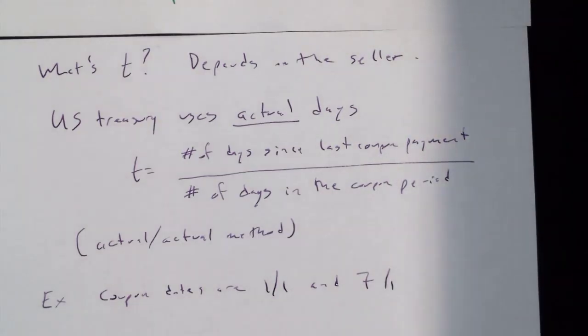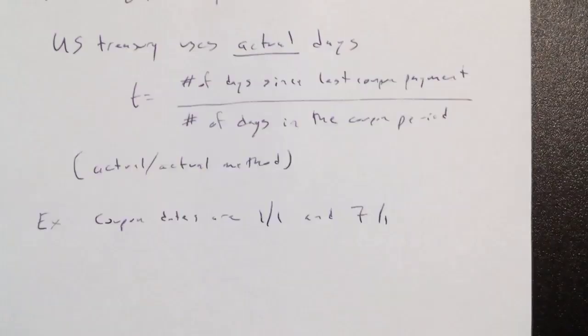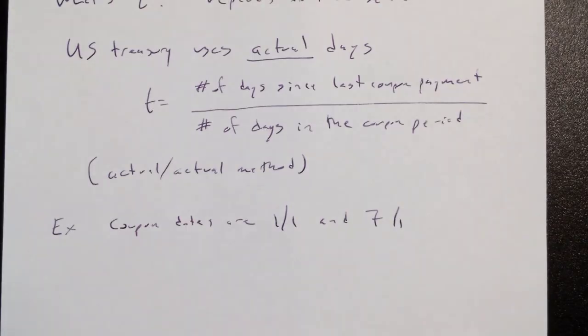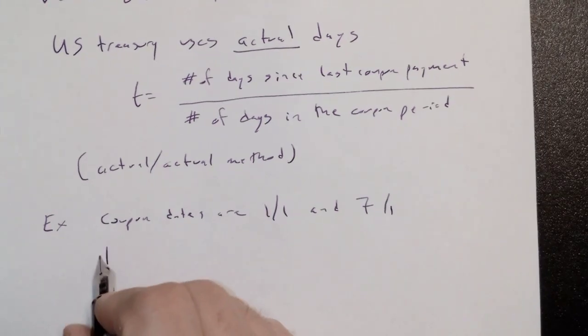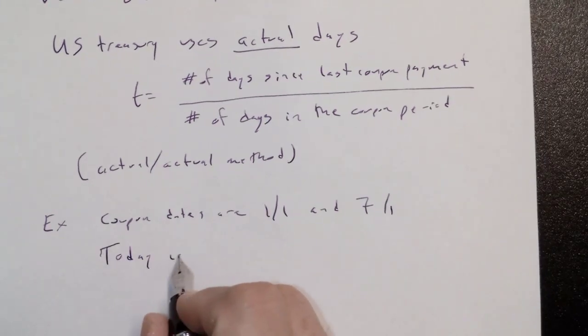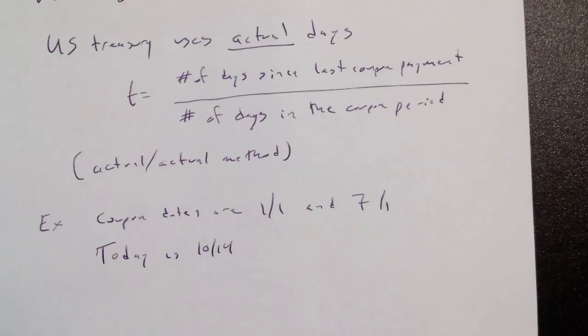The coupon dates are January 1st and July 1st. Today is October 14th. How many days from July 1st to today?